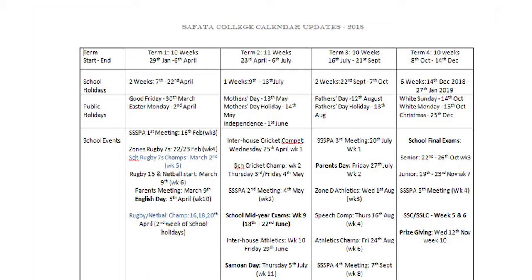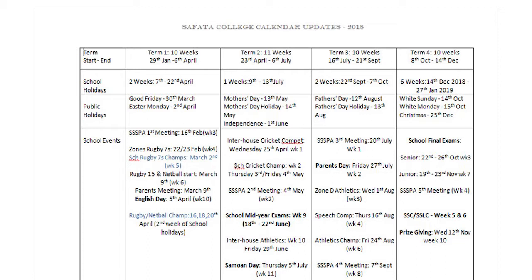So we have the terms. There are 4 terms: term 1, 10 weeks, term 2, 11 weeks, term 3, 10 weeks, term 4, 10 weeks, and the starting dates and the ending dates of each term are given.